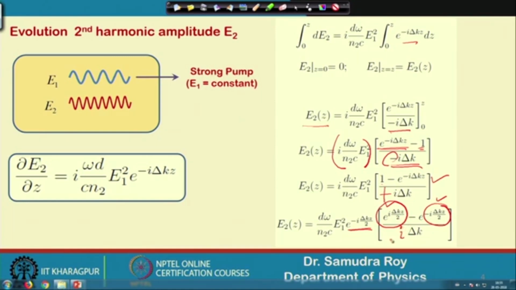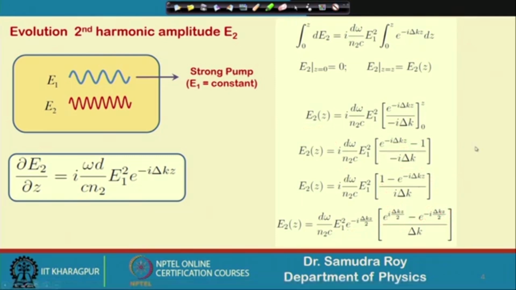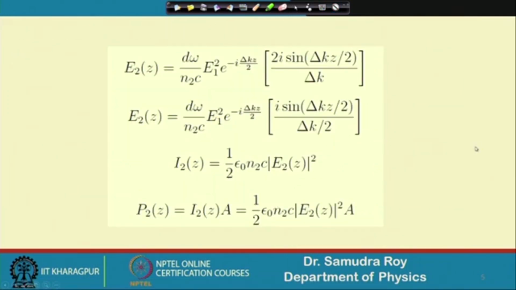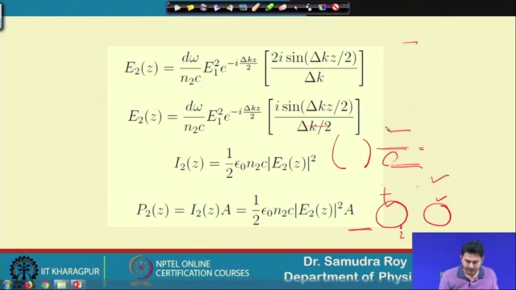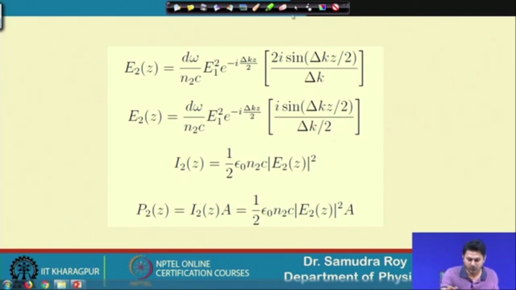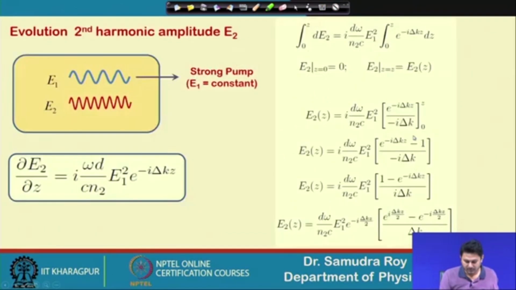So, I think the I term is missed here somehow. It will be I delta k, here also we have some I delta k term in the numerator. Okay. So, let me go back to the previous term, so that we can understand.